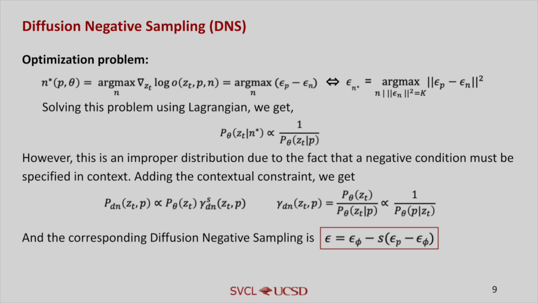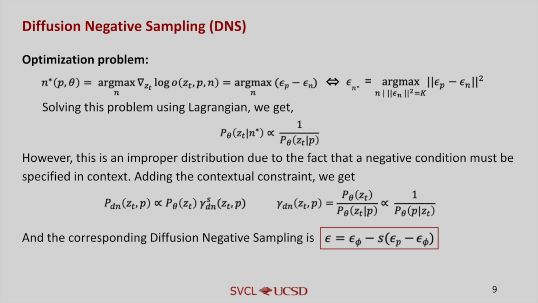To come up with this DNS sampling, we first define the optimization problem which maximizes the odds ratio, which will make the diffusion model adhere to prompt more. And so the optimization problem is defined as the argmax of derivative of log likelihood of the odds ratio. Solving the optimization via Lagrange, we get that the probability of zt given n star is inversely proportional to probability of zt given p.